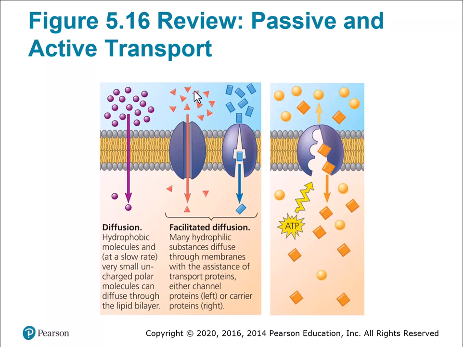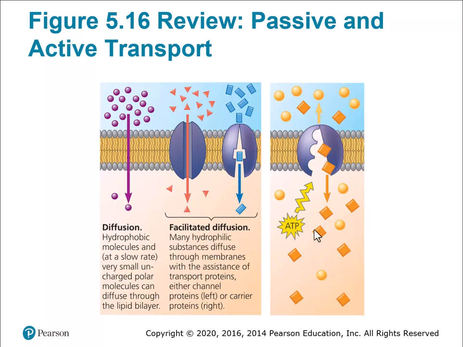Remember, channel proteins are an open tunnel through the cell membrane, whereas a carrier protein has to have a conformational change to take it. But all of these have their molecules moving with their concentration gradient, not requiring energy. Whereas our active transport requires a molecule of ATP, requires energy, and moves items against their concentration gradient.